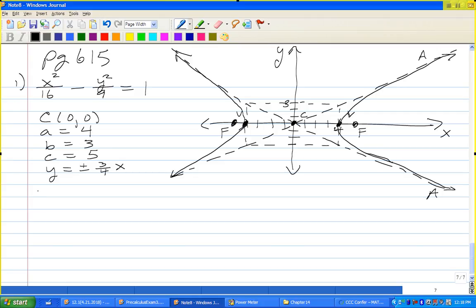The vertices are at plus or minus 4, 0. The foci, plus or minus 5, 0. The asymptotes, oh, I already have the asymptotes.